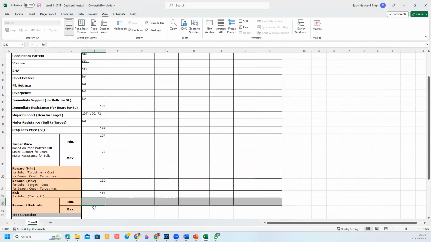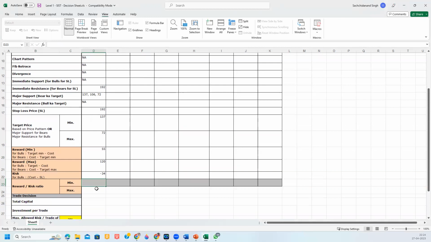That means that if I'm going to take one trade, the risk is 34 rupees. And the risk reward ratio, if we need to consider the minimum risk reward ratio, it is basically 34 to 55.